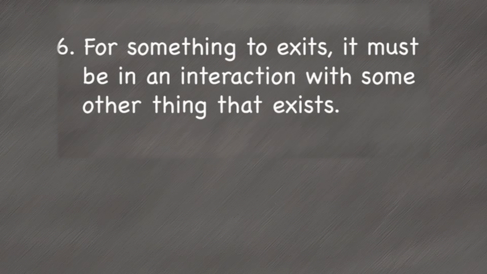What more or less follows but is an assumption, so the next postulate is that for something to exist, it must be in an interaction with some other thing that exists.